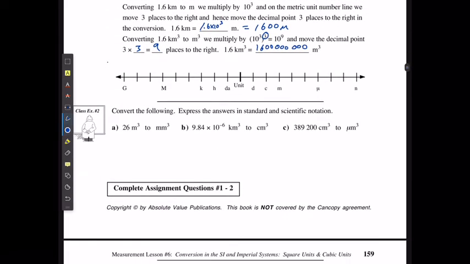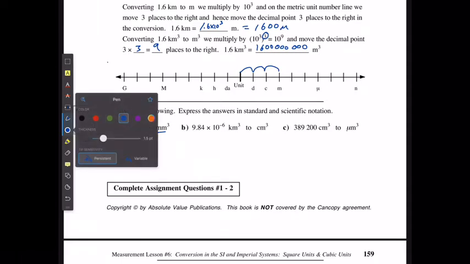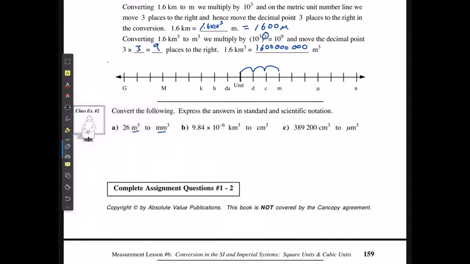I can do the same thing with example 2. I'm going to state that this 26 meters cubed to millimeters cubed, I need to move 3 places to the right. So I'd say that would be times 10 to the power of 3.